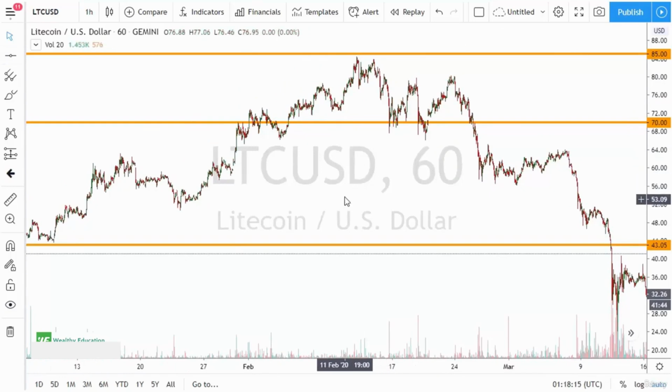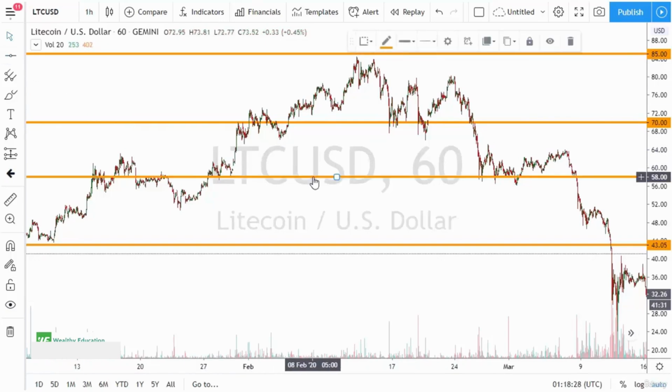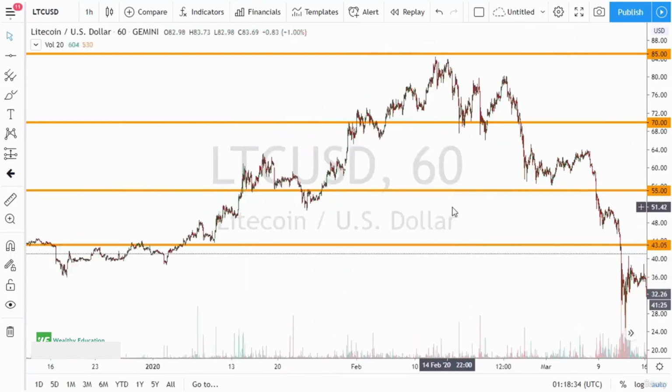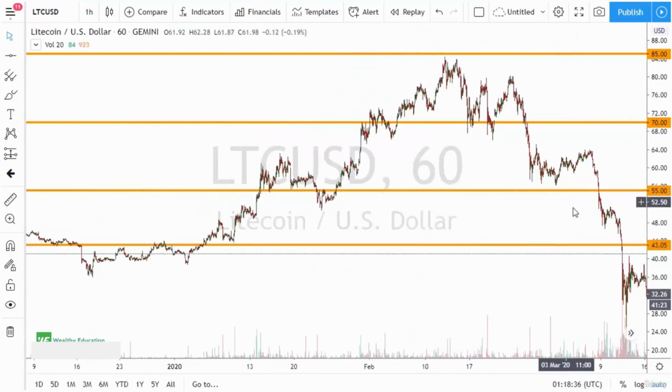So I'm going to take a wild guess and say that we're probably looking at about $15 intervals or so. So let's try 55. And again, it won't be perfect necessarily. It never really is, but you can start to see that there is a pattern to this.